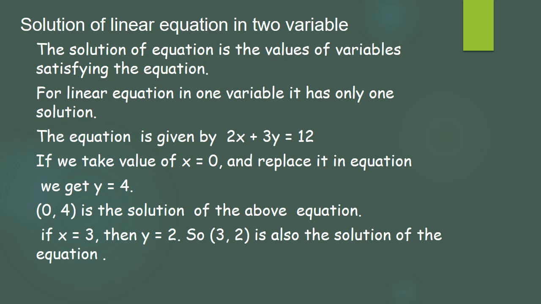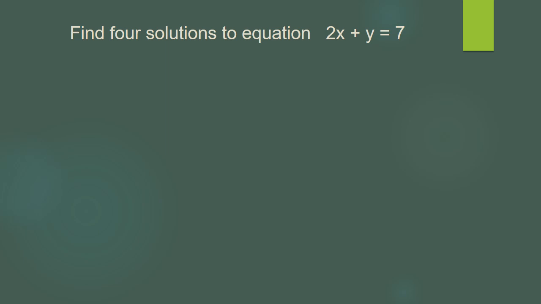So we will now find 4 solutions to the equation 2x plus y is equal to 7. 4 solutions means we have to take 4 different values for x, and for those values of x we will find the value of y.